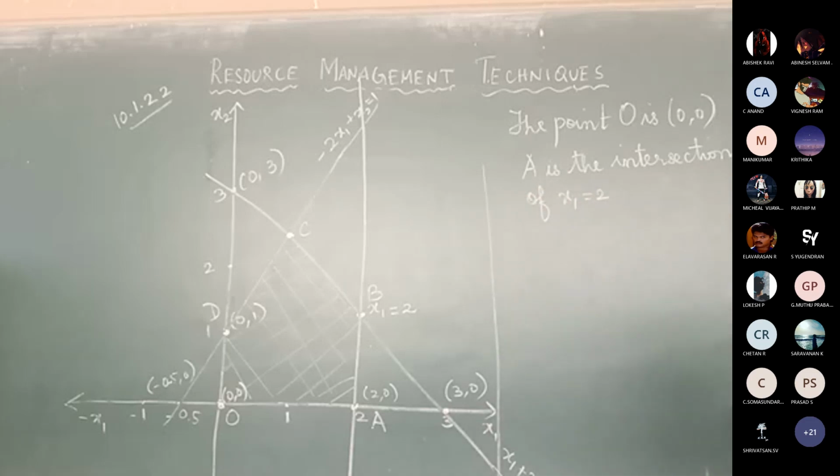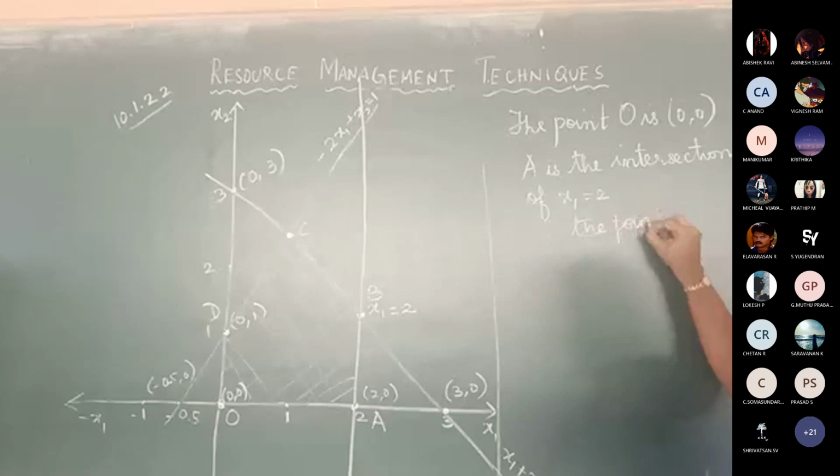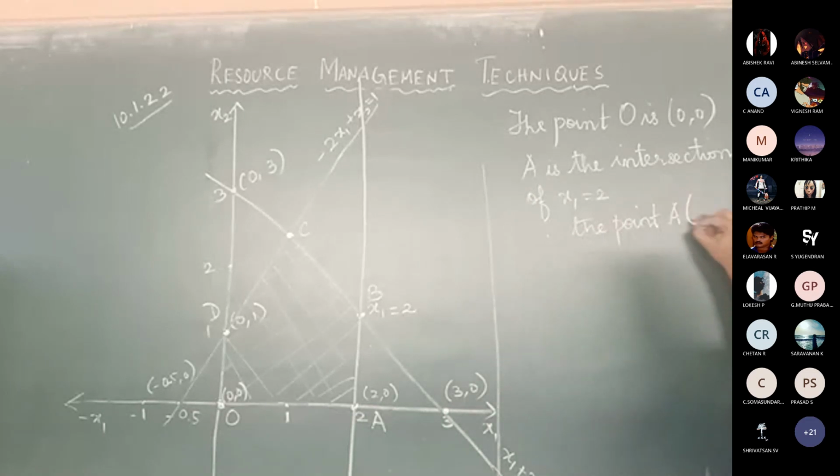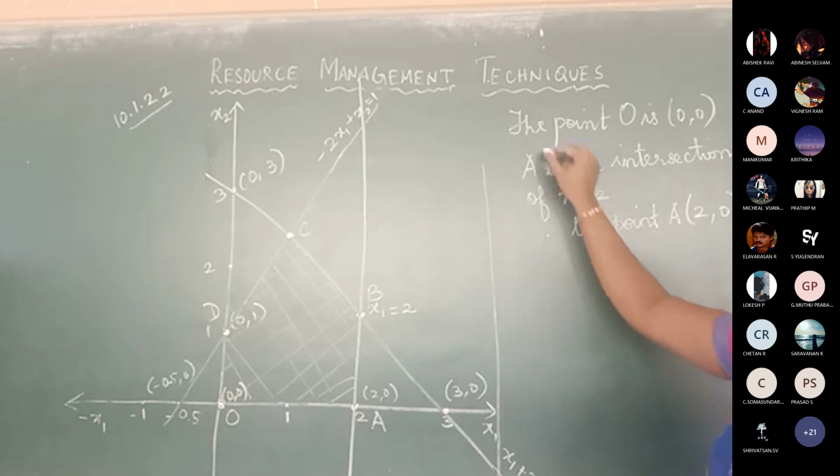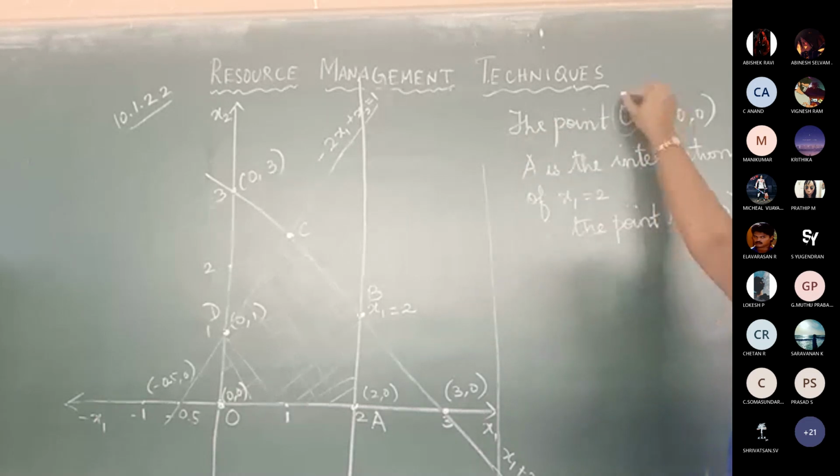So x1 is equal to 2, therefore the point A will be 2, 0. So this is for A, and this is for O.